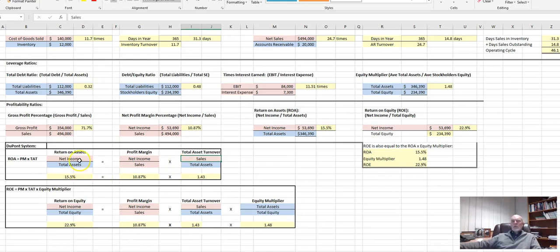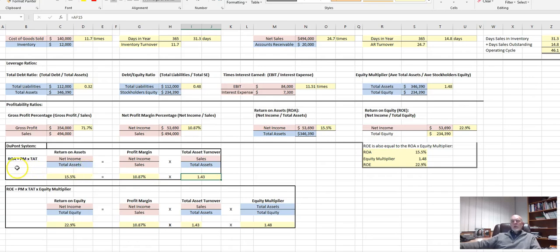And so we can improve our return on assets by, number one, improving our profit margin, perhaps reducing some expenses and improving the profit percentage. And secondly, by being more efficient with how we use our assets and generate more sales for a given level of assets, or perhaps even reduce the investment in those assets.